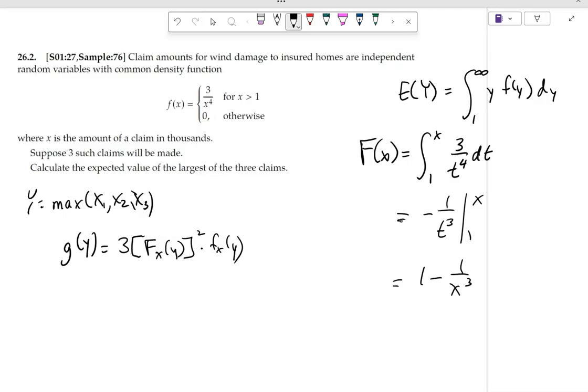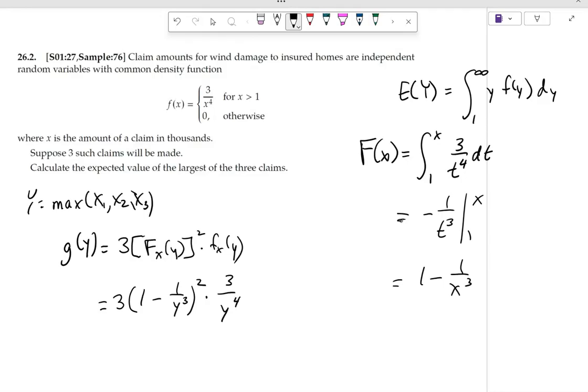That'll be our CDF. So going back over here again, I've got 3 times 1 minus 1 over x cubed, squared, because that's the CDF, right? Times 3, y, sorry. Forgot to change my variable.